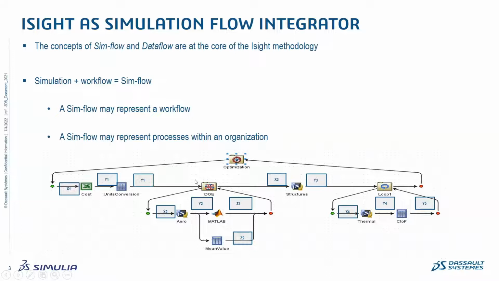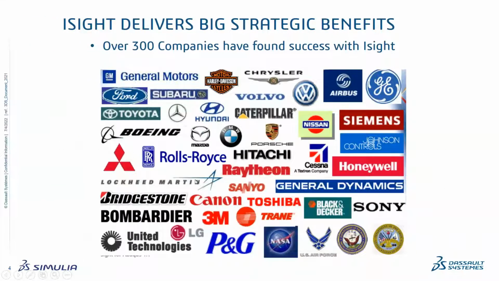Be it DOE, or to give you an idea, you see that optimization is on top, and this is driving the entire process. It gives some input information, all the output information is segregated, and the output information goes back to the optimization. Your objective could be minimizing mass or something like that. If a particular set of inputs is helping your outputs, it gives you a set of values closer to that. Or if it's not helping, it will change the values and give a new set of values.